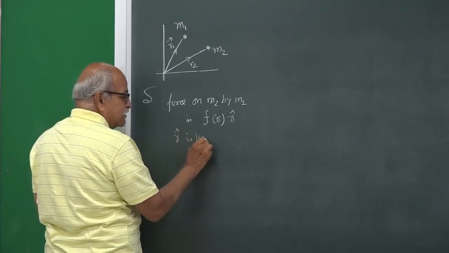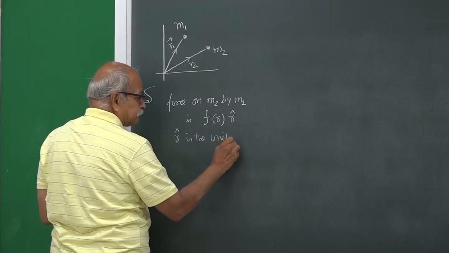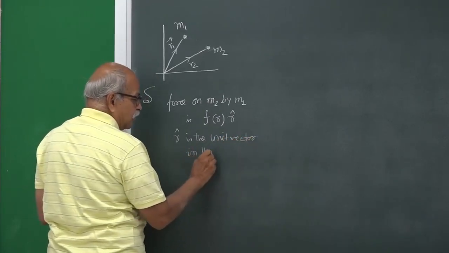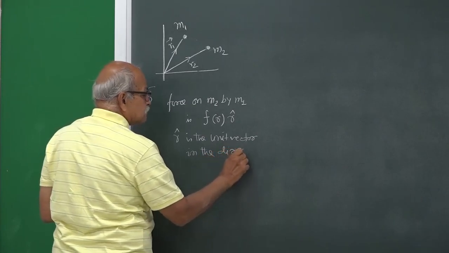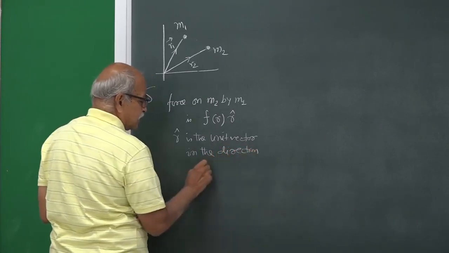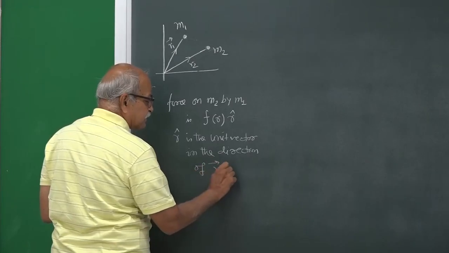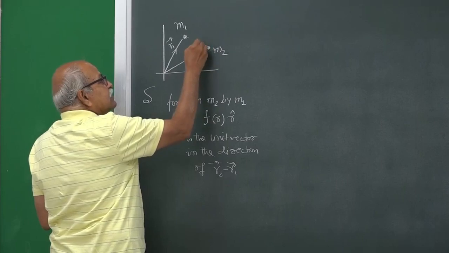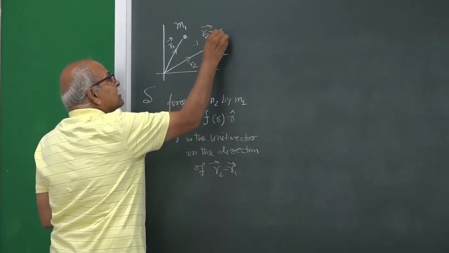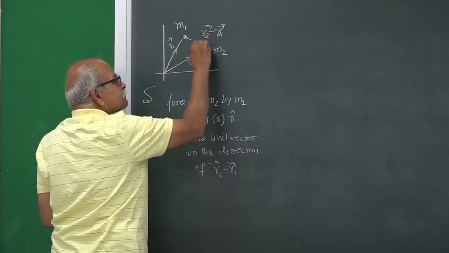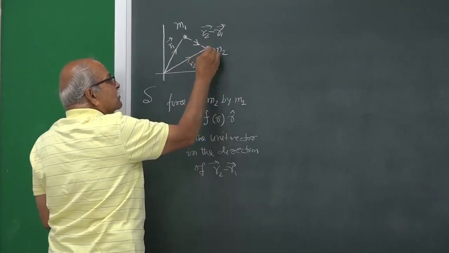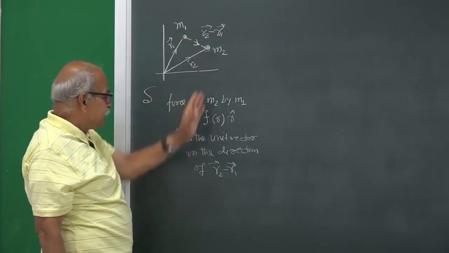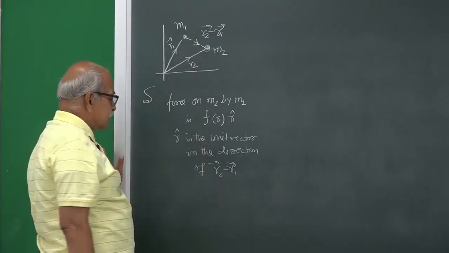It is the unit vector in the direction of r2 vector minus r1 vector. This vector is r2 vector minus r1 vector, and the force is in this direction. It can be negative, it can be this way or that way. So, force is in this direction.